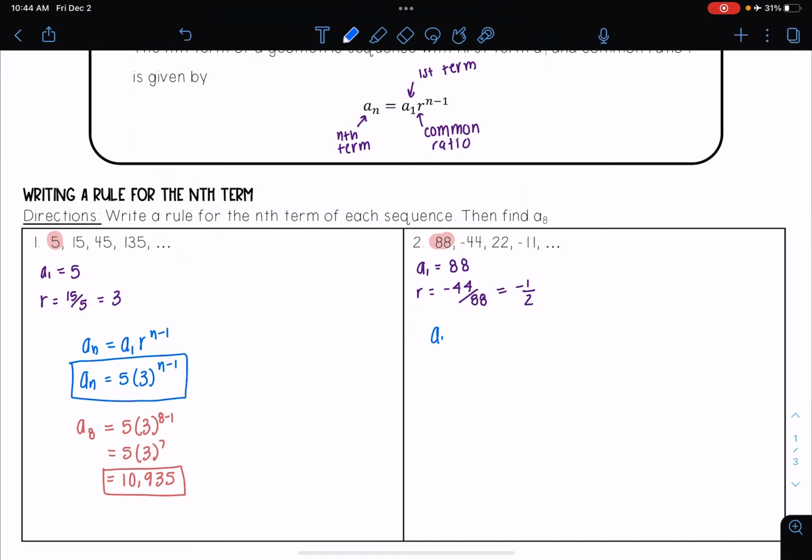Now that I have what a1 is and what r is, I can go ahead and plug that into my rule. And so that means I get that an is equal to 88 times negative 1/2 to the n minus 1.